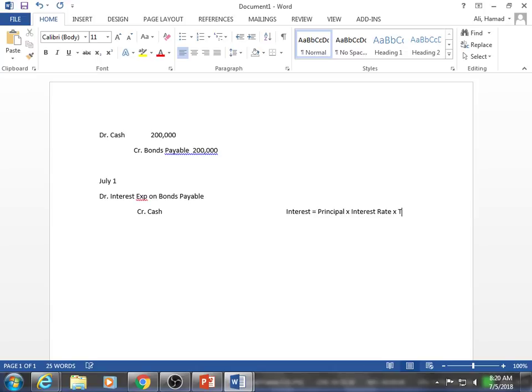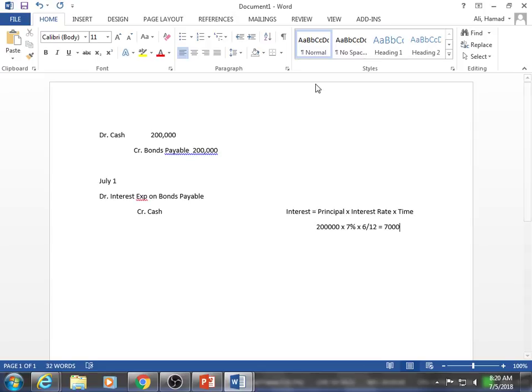In this case, the principal is $200,000 times the interest rate of 7% times 6/12, because the interest is payable semi-annually, and that should give us about $7,000.